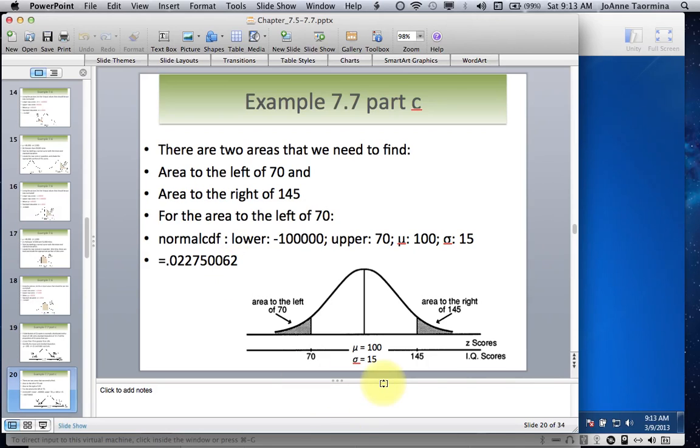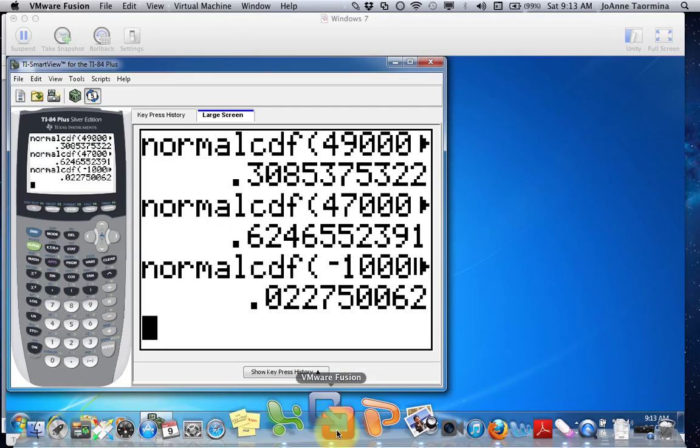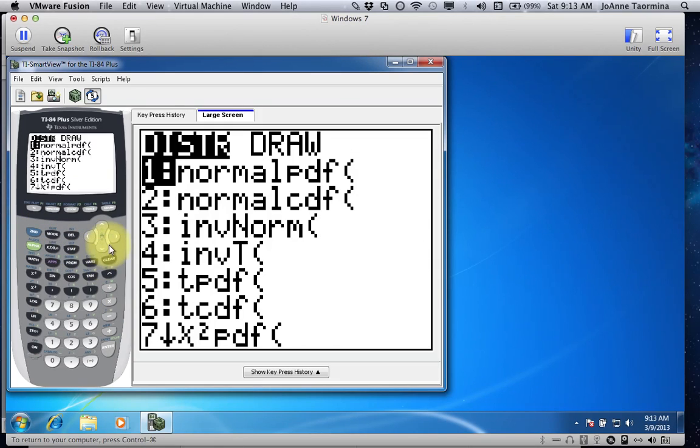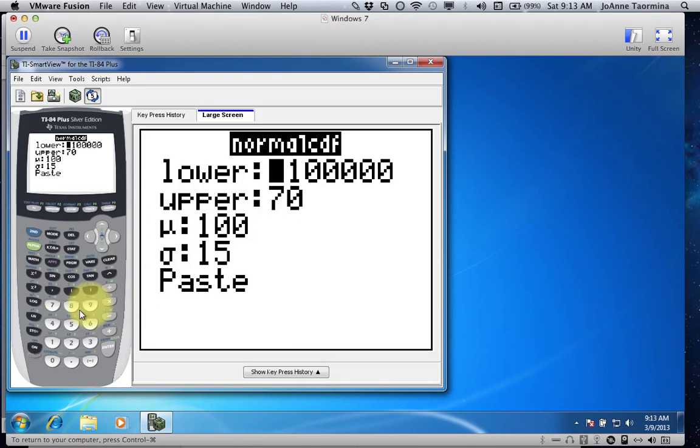0.022750062. Now to find the area on the right-hand side, we're going to find the area to the right of 145. We go through the same process, normalcdf, but our lower is not negative infinity, it's 145. Our upper is positive infinity because this area is reaching all the way towards the right.